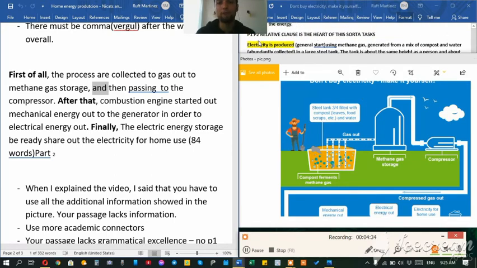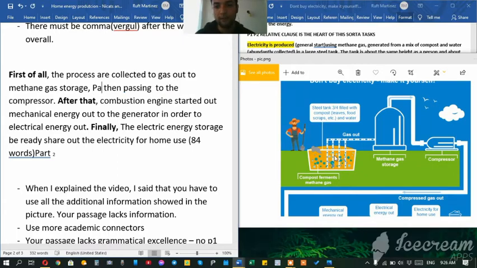Let's look at my writing. So, passage that said, electricity is produced. Okay, I just answered the question. Electricity is produced. Or in the other diagram, a fish pile, you can say a fish piled up, use blah blah blah, and then using this way. So I'm giving the information, right? So electricity is produced. It's a general start.